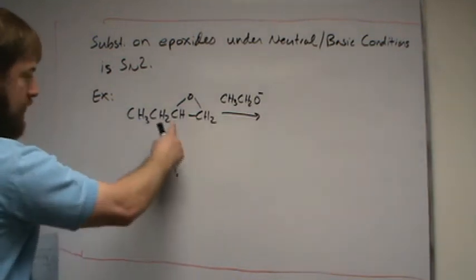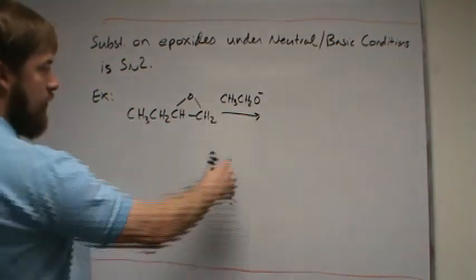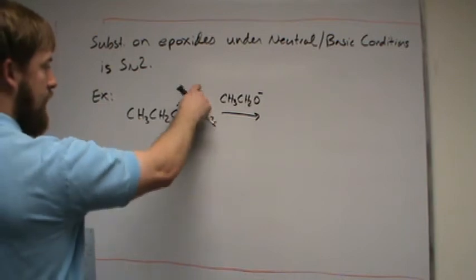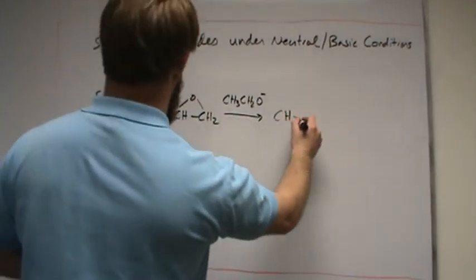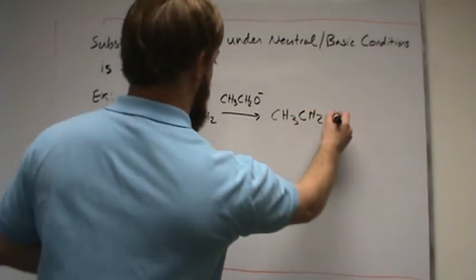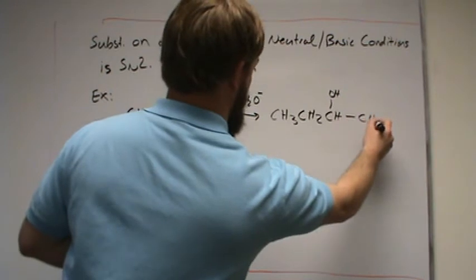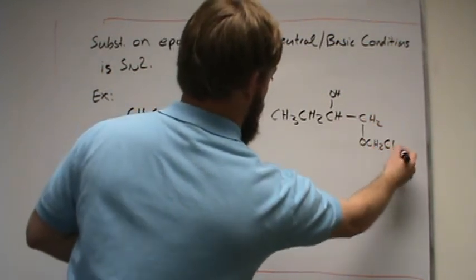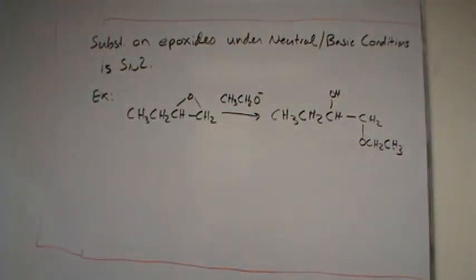It's over here by itself as opposed to this more hindered carbon. So the final product will have nucleophilic addition or attack here, and then my alcohol, after I open the ring, will be on this carbon. Okay, so that would be the product.